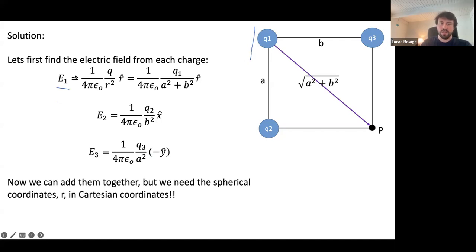Using the expression we've just established before, it is 1 divided by 4 pi epsilon 0 times Q divided by the distance squared. This is a general expression, and the field is along the segment, in this direction or maybe in that direction depending on the sign, but along this line that we call R.